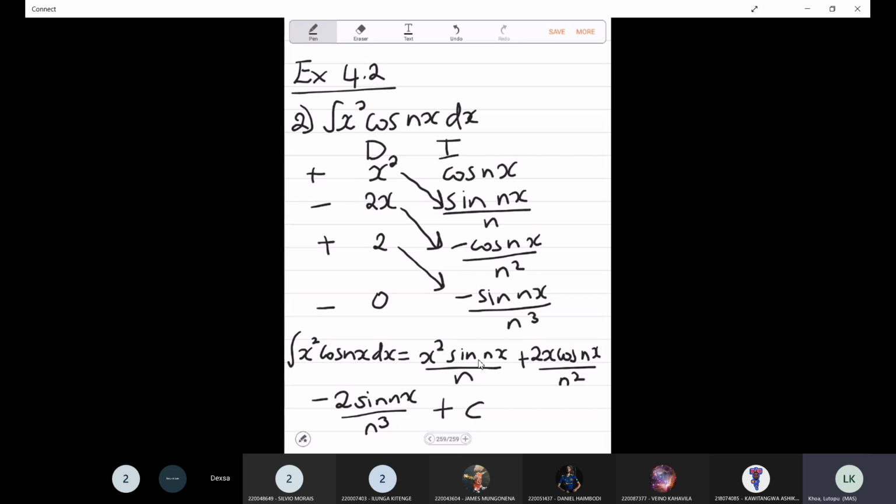Okay, x squared over n sine, 2x over n squared cos, and then 2. Okay, that's fine. Right, then next question, number 3.